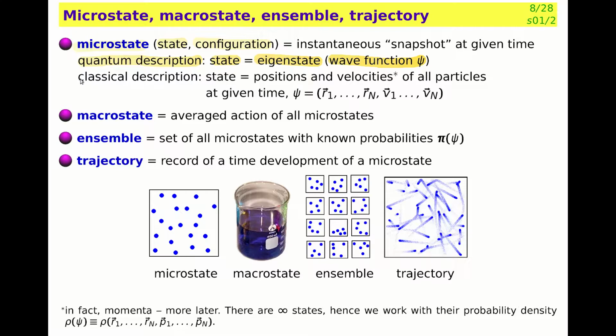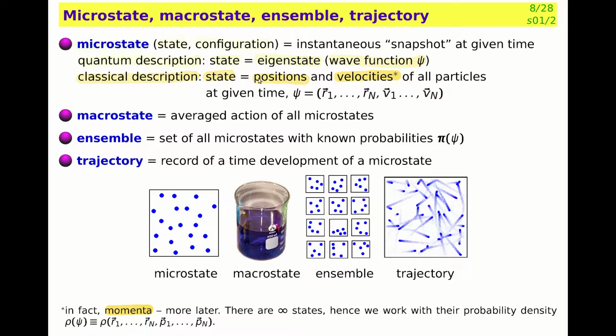But we can also have a classical description. Then a state is composed of positions of all particles and their velocities. I have said velocities. Actually, in this business, we use for very deep reasons momenta, but for the sake of this course, you don't have to distinguish.